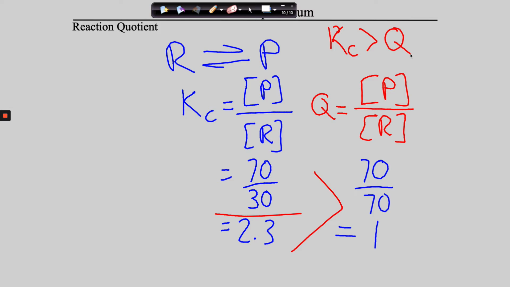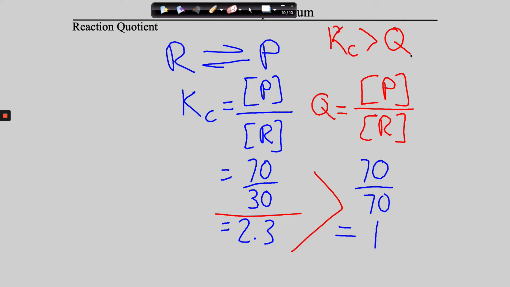But guys, eventually what's going to happen? It's going to go back to equilibrium. Will that equilibrium be 70-30? No. But it will be what? 7-3 or 2.3 to 1, right? So guys, this will go back to equilibrium. It's the same ratio, and it's going to go back to 70-30.